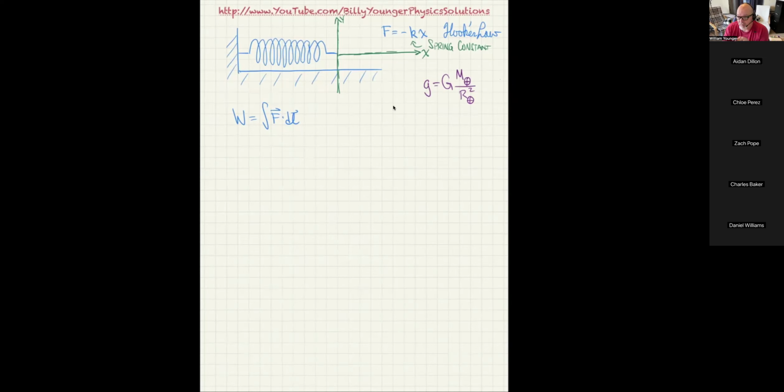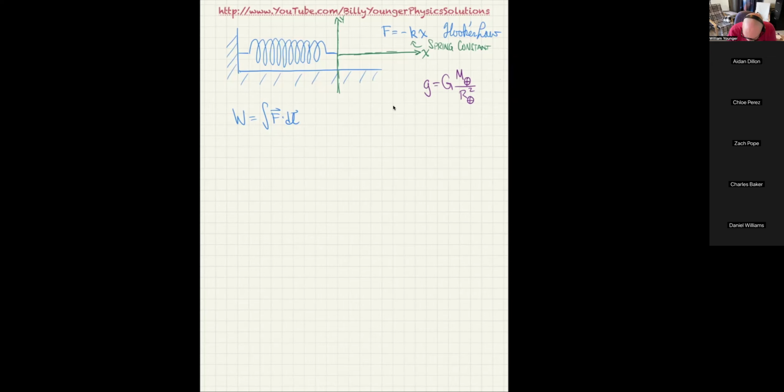Really, the R in the bottom is the distance from the center of the Earth to the object. So if you stay close to the radius of the Earth, you would be on the surface of the Earth, and a height of 100 meters wouldn't even be a round off error. So that's why we could ignore it and just say mg was the force. But if we did it more directly with this formula instead of the lowercase g being a constant, then we get a more accurate figure that would work for any distance from the center of the Earth.